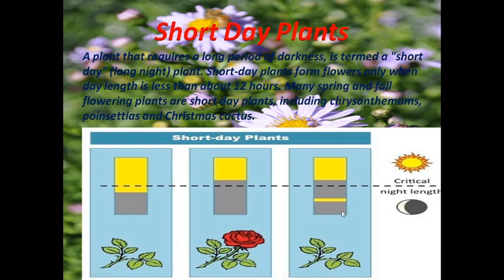The night break had no effect on the flowering of the short day plants. This means that they only require the long nights. The night break is not important for these plants. The examples of these short day plants are chrysanthemums, poinsettias, and Christmas cactus.